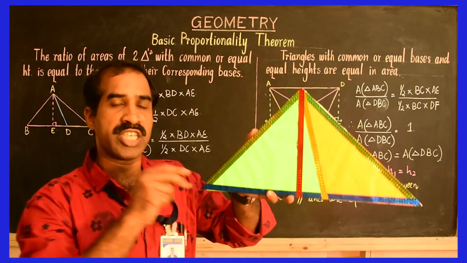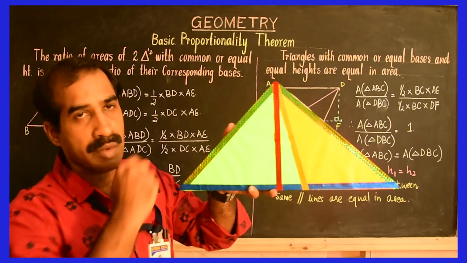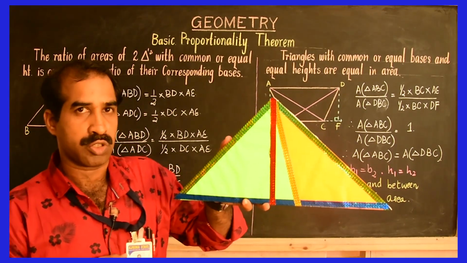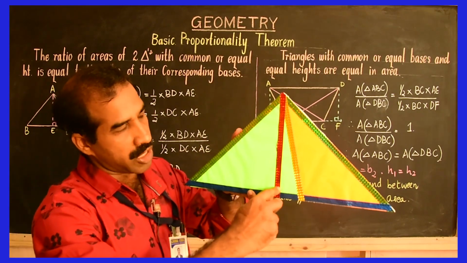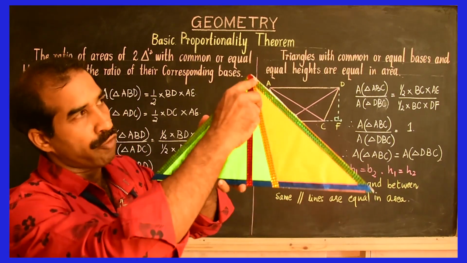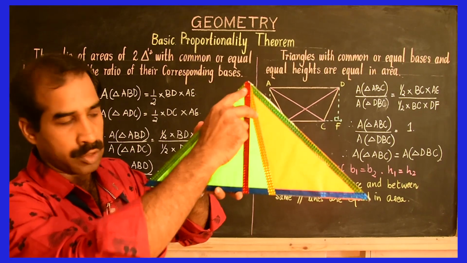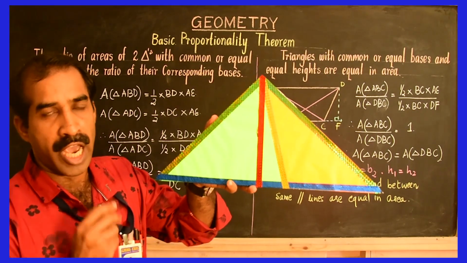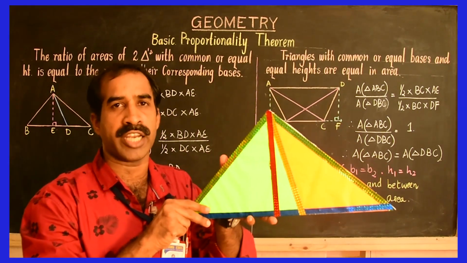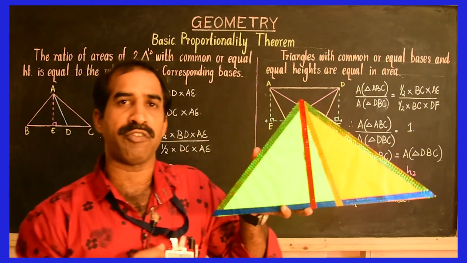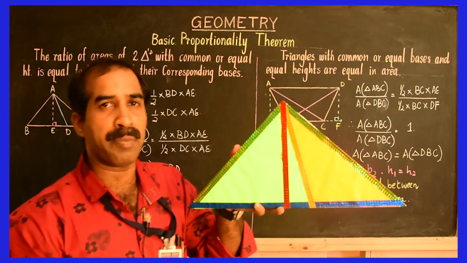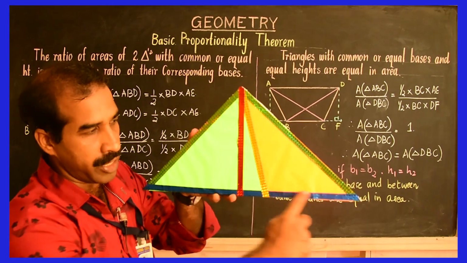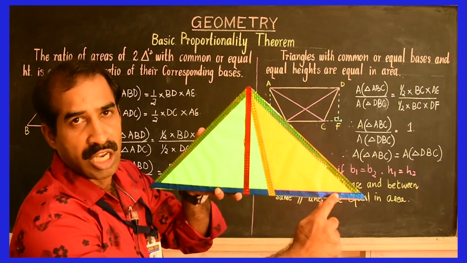You should know the reason why AE becomes the perpendicular height for all the three triangles. The reason is that the perpendicular is drawn from the common vertex A to the same baseline BC, and using the uniqueness of perpendicularity, one and only one perpendicular can be drawn from a point outside the line to that particular line.